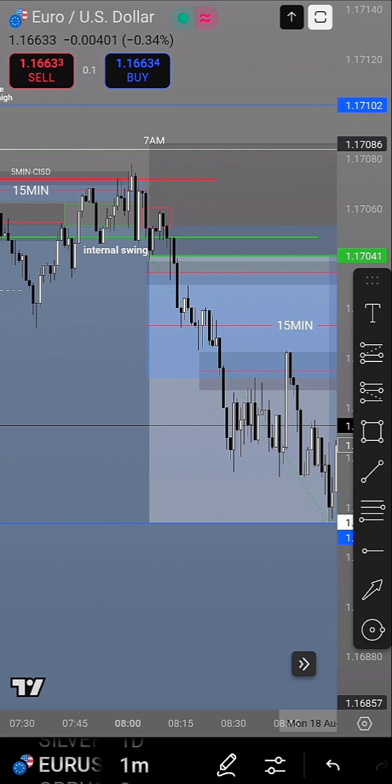And then I was looking at the internal swing. The internal swing in this case being the higher low that basically caused the move higher, so the reaction of that 1 minute or 3 minute bullish FEG. So when price traded into the 1 minute and 3 minute bullish FEG, it left behind that internal swing, right?